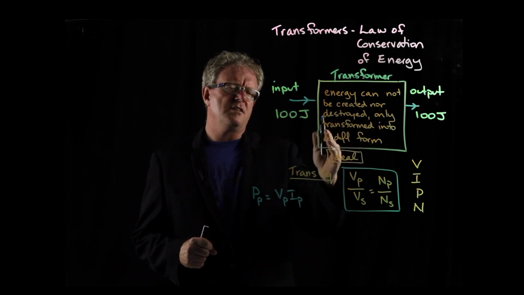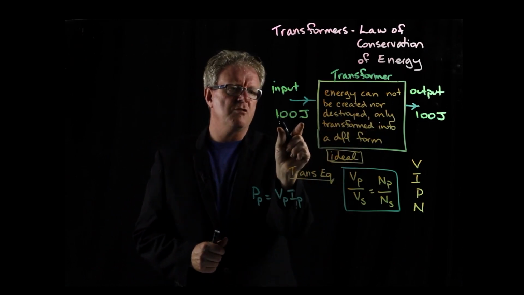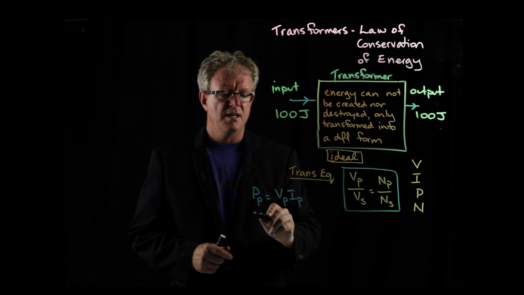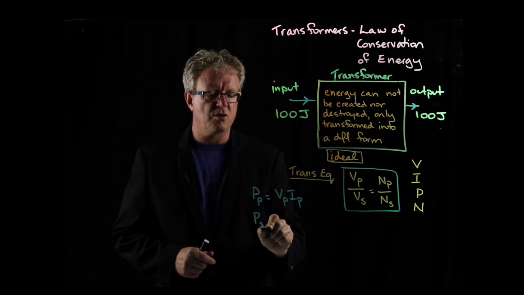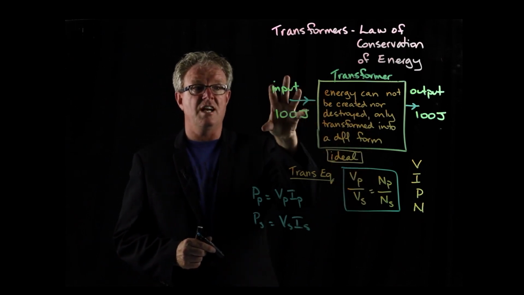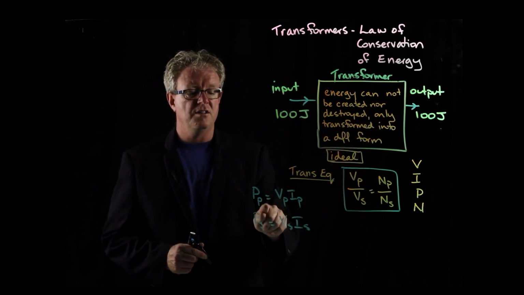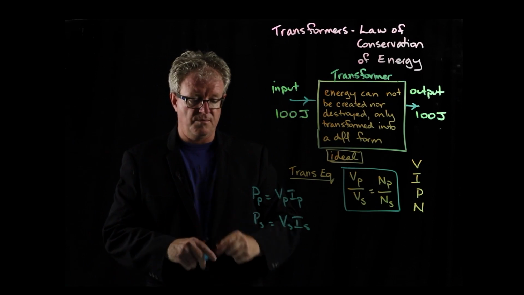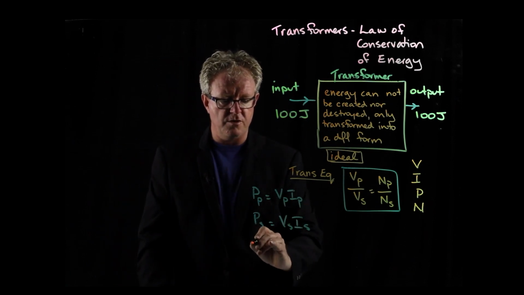If this is an ideal transformer and we get 100 joules in and 100 joules out, then the power in the secondary coil would be this. And since there's no energy loss, the energy in is equal to the energy out, so these two will be made equal to each other. And therefore we can combine those two.